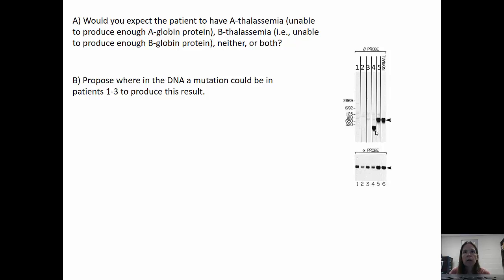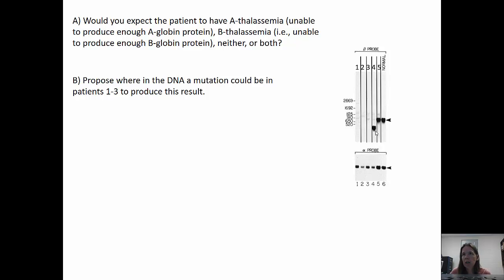Okay, so now if we were to look at what type of mutation might cause this disease in patients 1, 2, and 3. For them, they do not have any beta globin mRNA. So the type of mutation would be something that inhibits transcription or doesn't allow the gene to be transcribed at all.